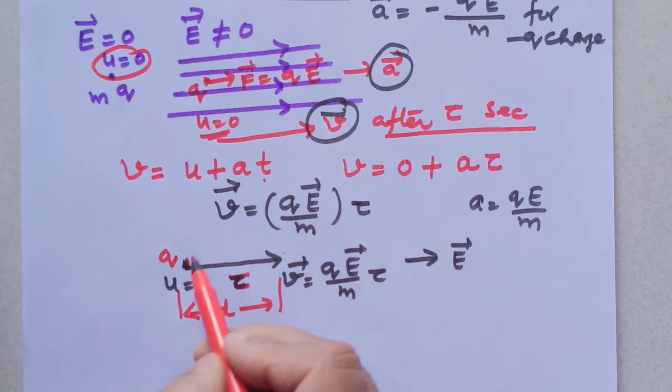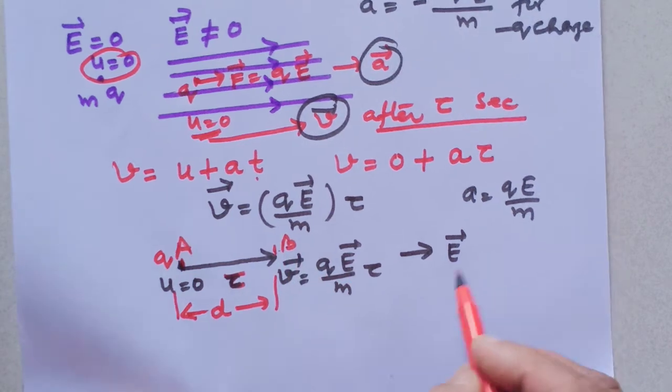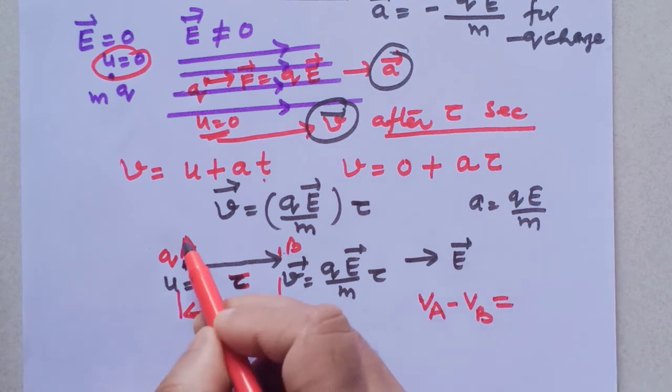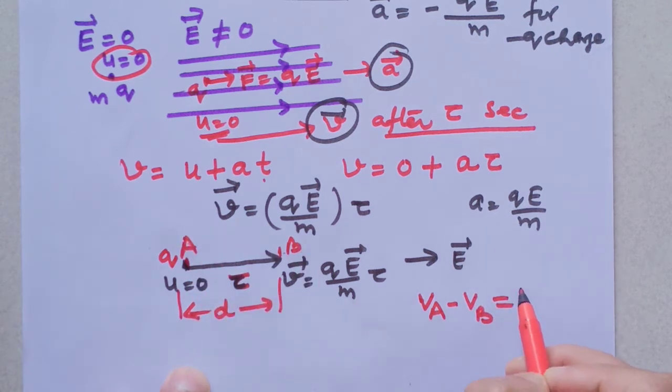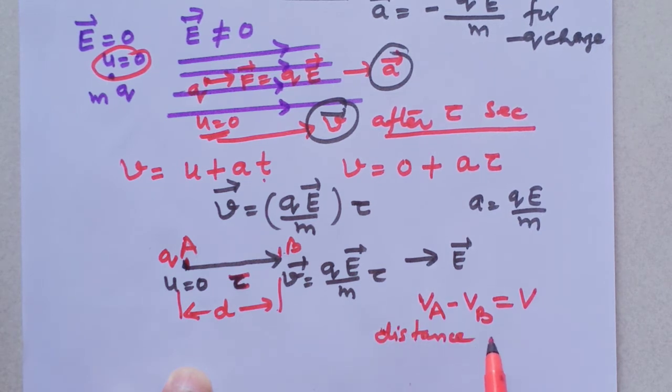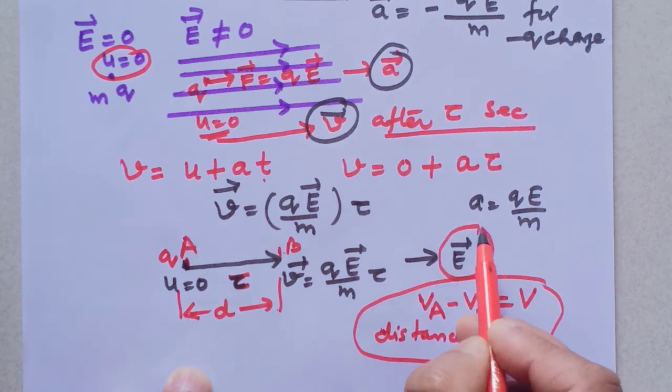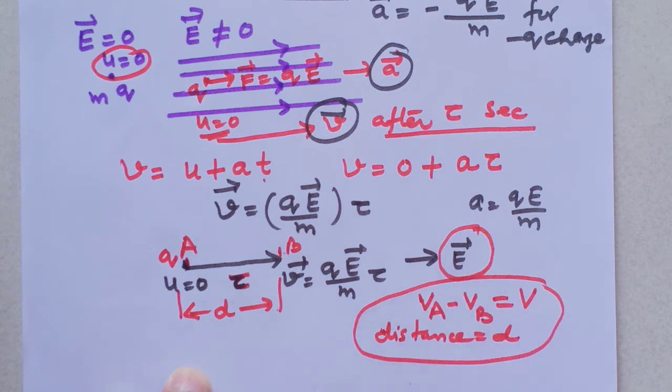And we know that there will be a potential difference. Let this be point A and this be point B. So there will be a potential difference VA minus VB between these two points. Let us call it V. This potential difference is across distance d, and the electric field intensity is E. So what is the relation between these two?